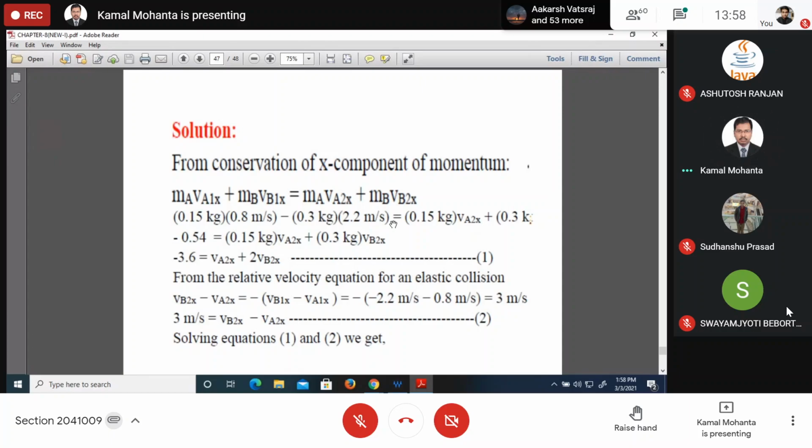All of you understood? This is all about the exercise problem of chapter 8. If this question comes in the exam, you will be able to do it.